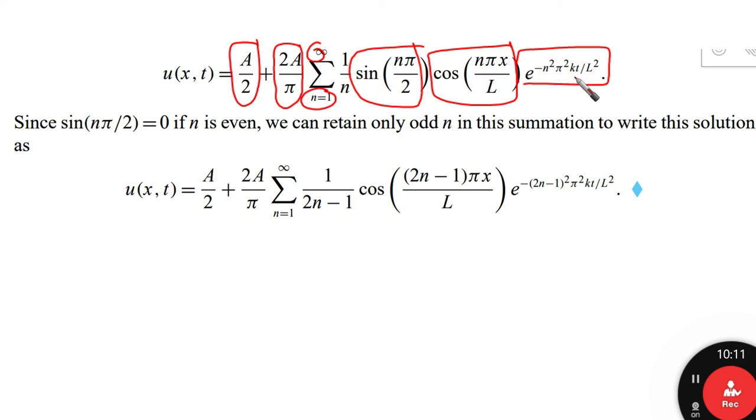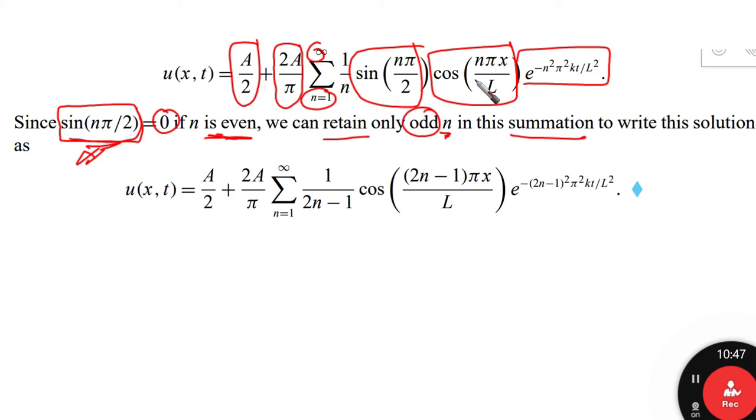Since sine n pi over 2 always equals 0 if n is even, this sinusoidal term is going to be 0. We can retain only odd n in this summation to write the solution, as we have done in the previous video, where we retained only the odd values because the even values are going to be 0.